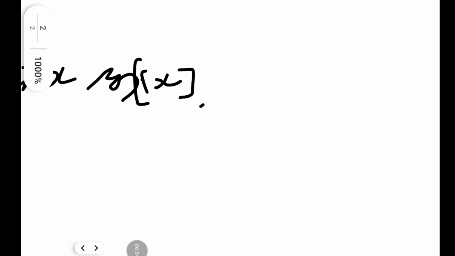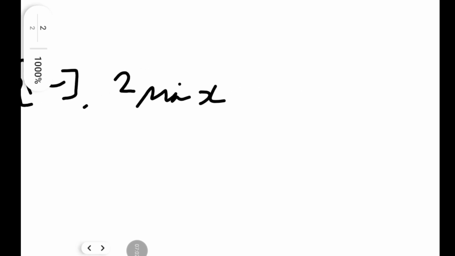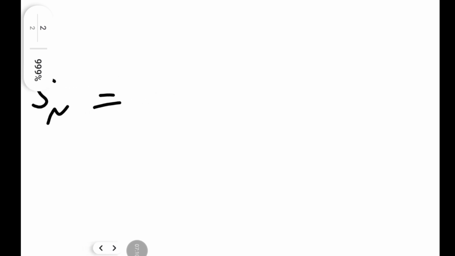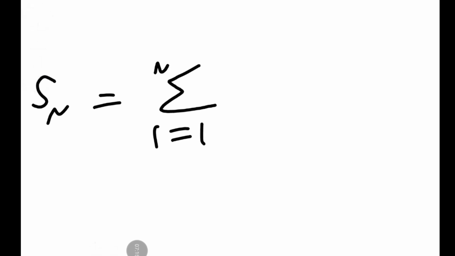And then we know that is going to be equivalent to, because of the product to sum formula, 2 sine of x times the sum of n is going to be equal to the sum of r equals 1 to n for 2 sine, again, it's that method of differences now.